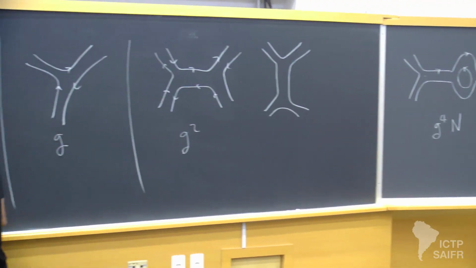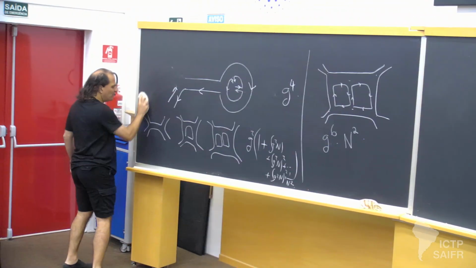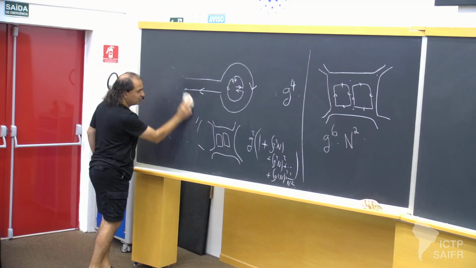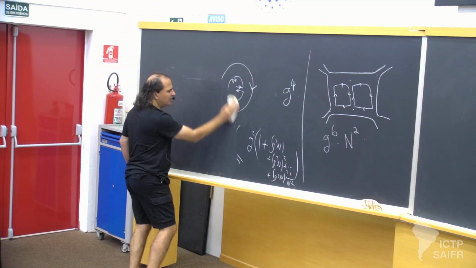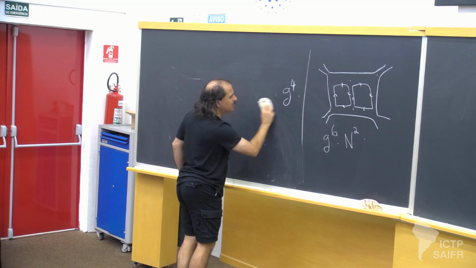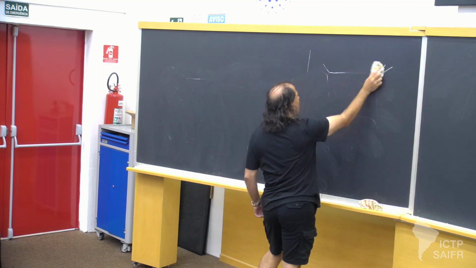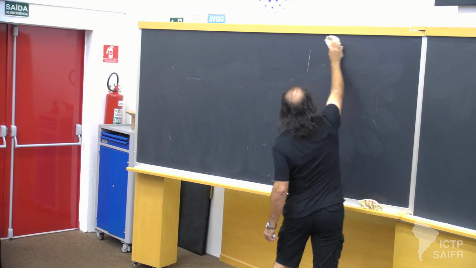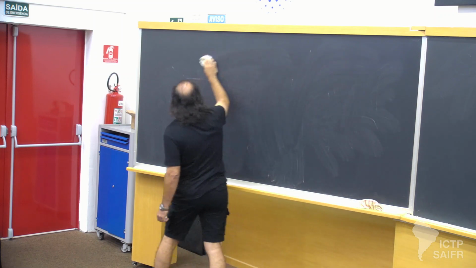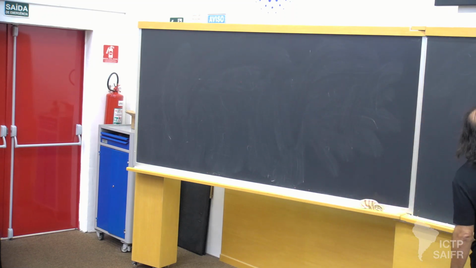So I can draw all of these diagrams. Some of them are planar, some of them are not. I have an expansion in powers of 1 over n if I care to do such an expansion, if I hold the 't Hooft coupling g squared n fixed. So there's a standard way that we talk about this, which is that we can organize the perturbation theory, the different color structures that we can have, and the different powers of n that we can have are organized in a topological expansion.